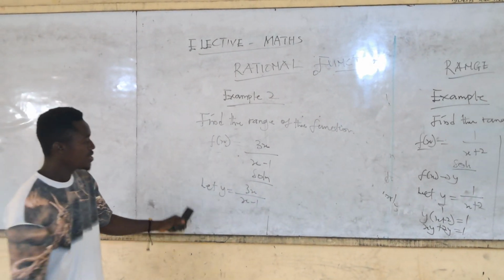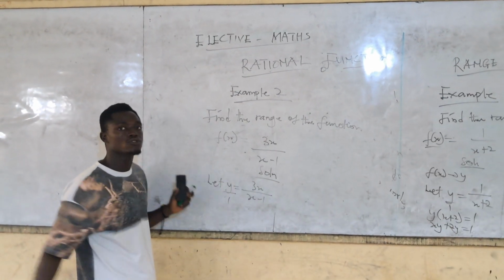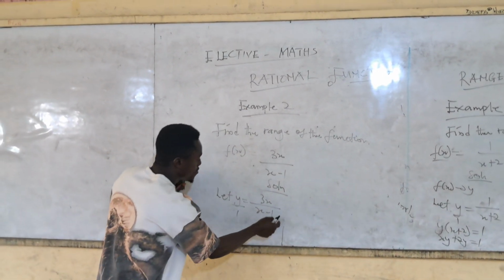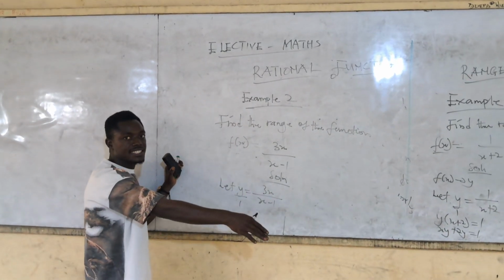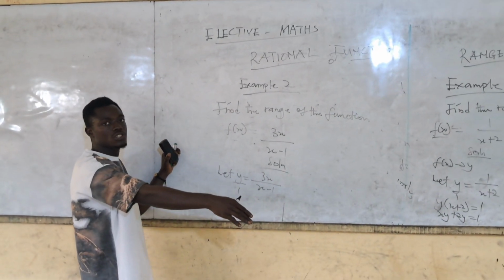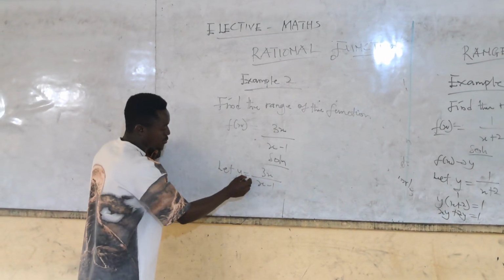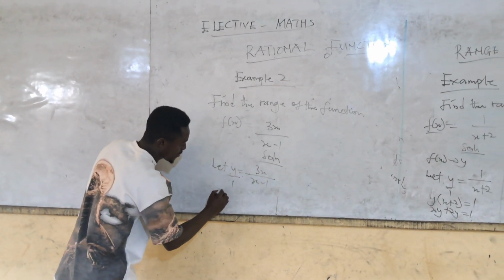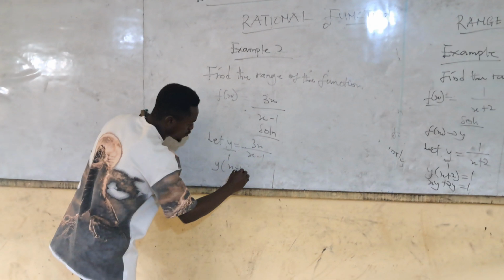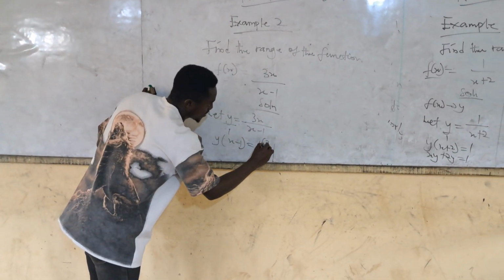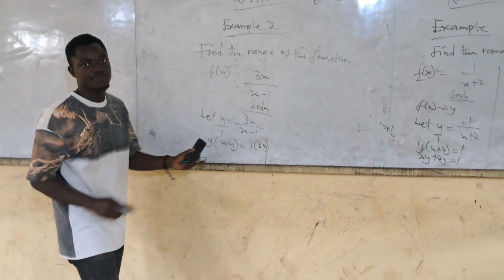Because our main aim is to make x the subject, you either multiply through by the LCM or do cross multiplication. Any way you use will still give you the same answer. With cross multiplication, we have y multiplied by x minus 1 equal to 1 times 3x.